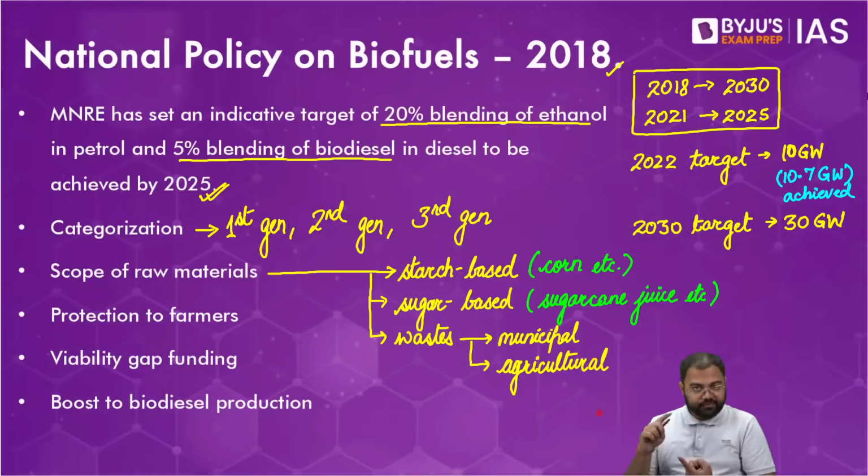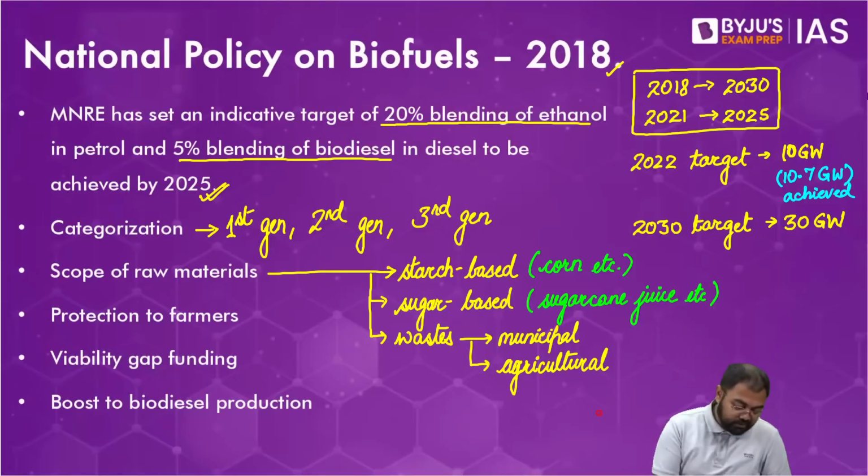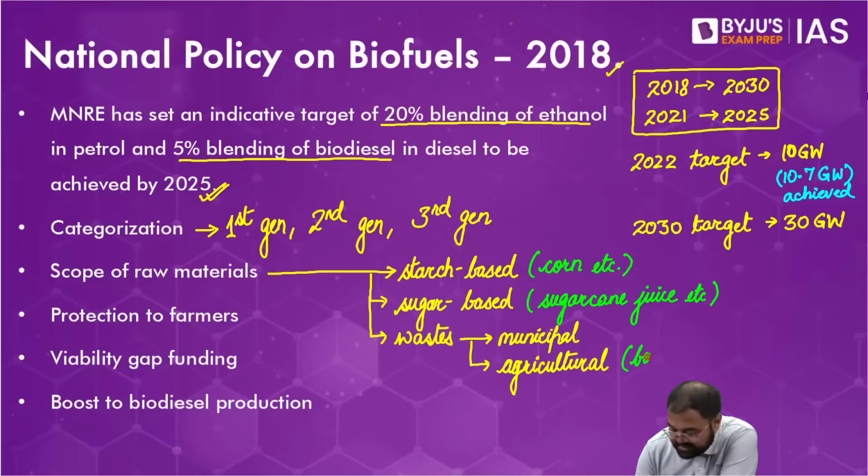It could be the leftover of the crops. It could be the damaged grains. It could be anything that will not be sellable in the market, rotten vegetables. All these things actually come as agricultural waste. So, for example, broken rice has been defined. Broken rice, crop residue.